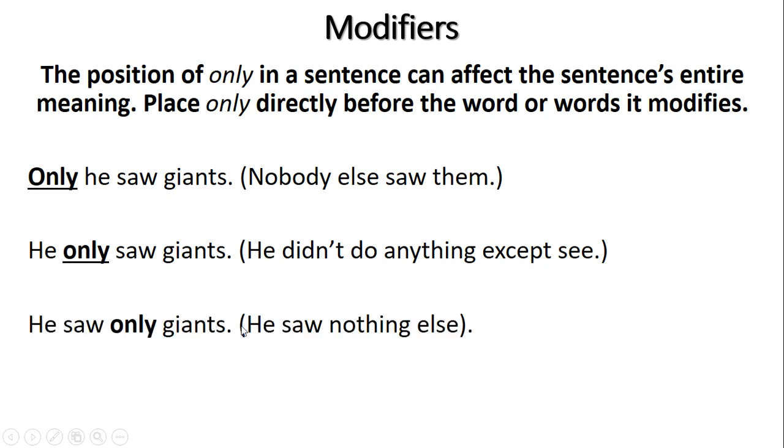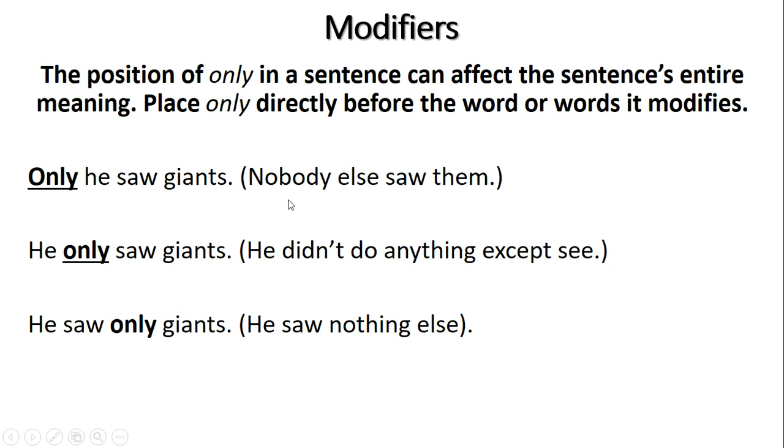Or if we move it even a little farther, he saw only giants, which means he didn't see anything else except giants. Do you see how changing the position of the word only changes the meaning of the sentence? Even though I use the exact same words all three times, it changes the meaning.